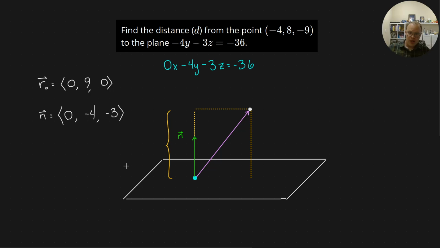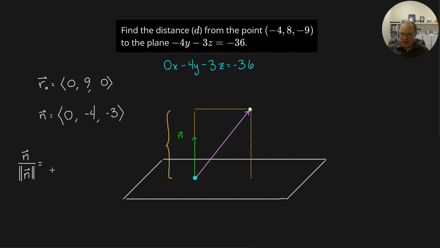Now, the easiest approach here is I want the component here. So I'm going to need this normal vector to be a unit vector. I want a vector that points in the same direction but is a unit vector. So I'm going to normalize the normal vector by dividing by its norm.